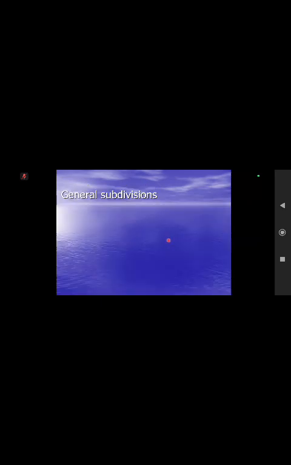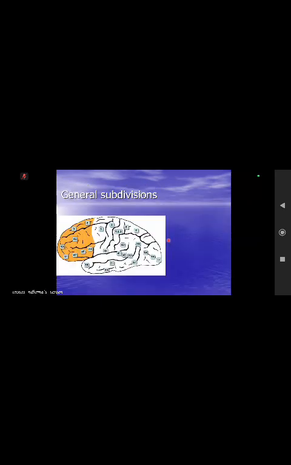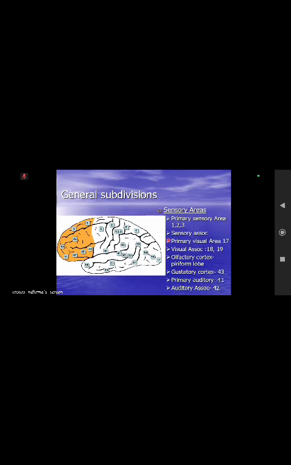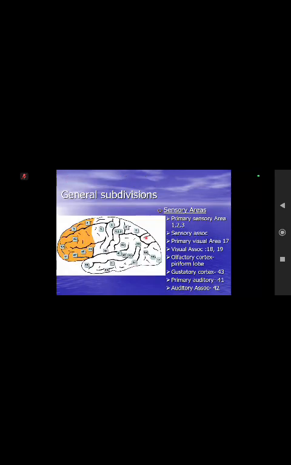So we divide generally the brain areas into sensory areas, which include the primary sensory area, areas 1, 2, 3, and sensory association areas. The occipital lobe is the primary visual area.